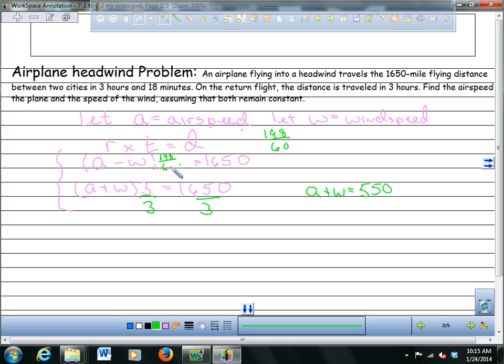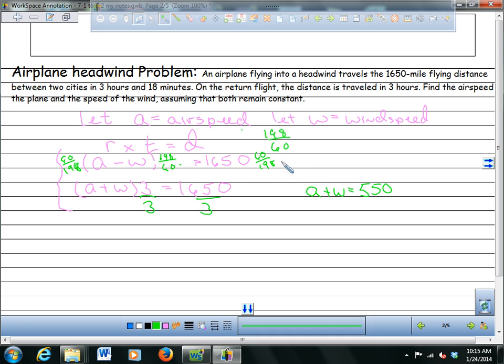These numbers come out nice. So I want to get rid of this here, so I'm going to multiply both sides by 60 over 198.